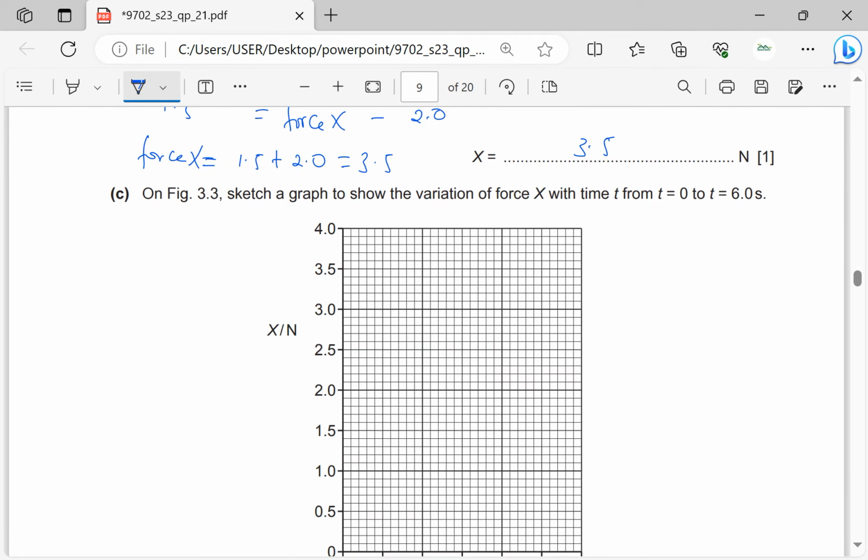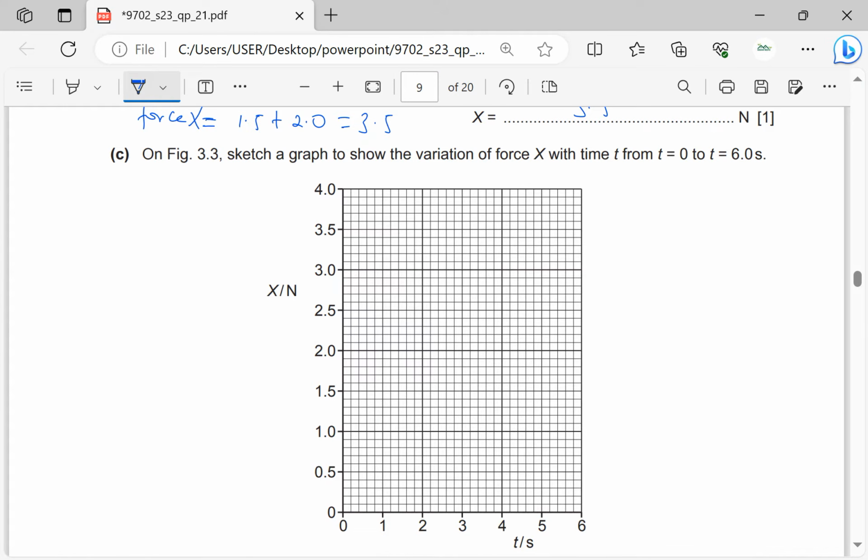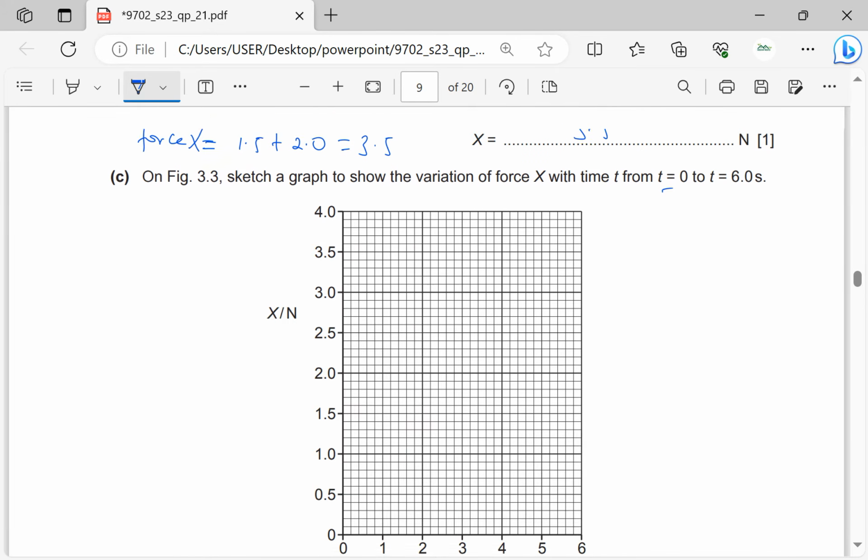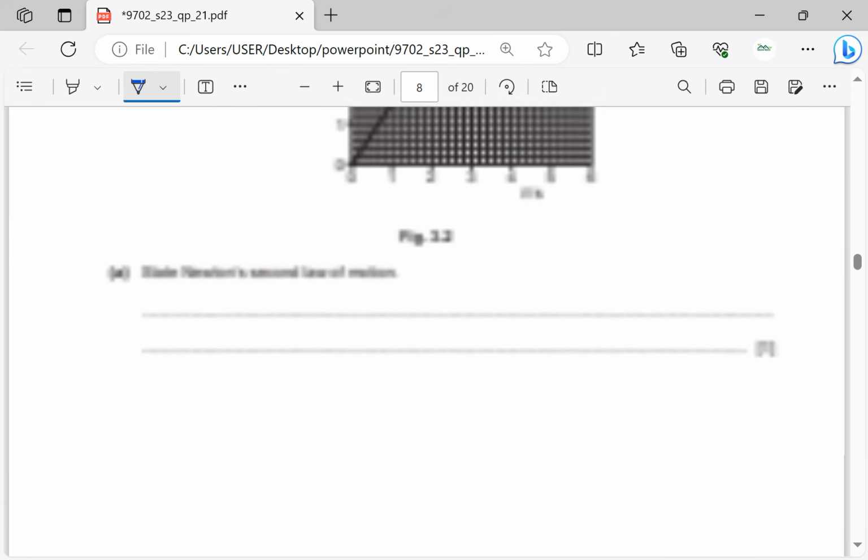On the figure, sketch a graph to show the variation of force X with time t, from t equals 0 to t equals 6. Okay, so let's first go back here.